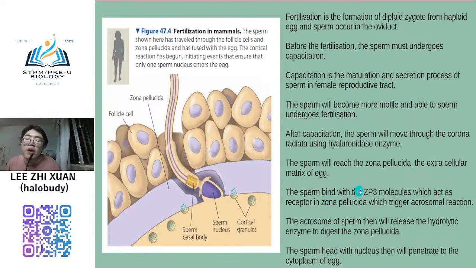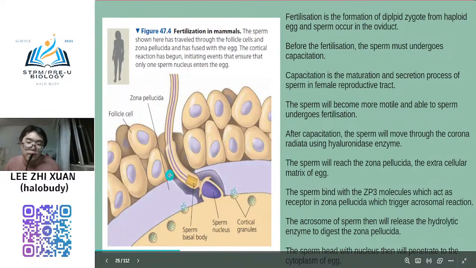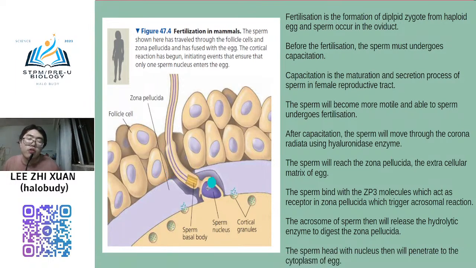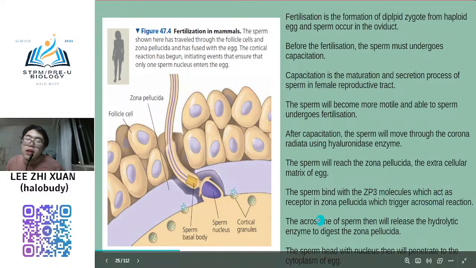So the sperm will bind to the ZP3 molecule, which is a receptor in the zona pellucida, which triggers the acrosomal reaction. We call this receptor the ZP3 receptor. The acrosomal reaction is triggered by the acrosome, which will release hydrolytic enzymes to digest the zona pellucida.